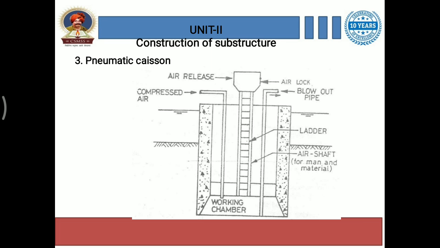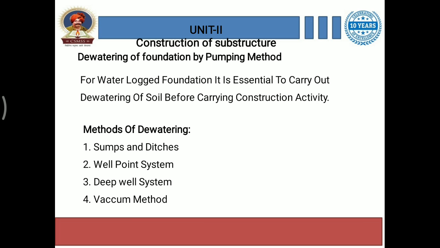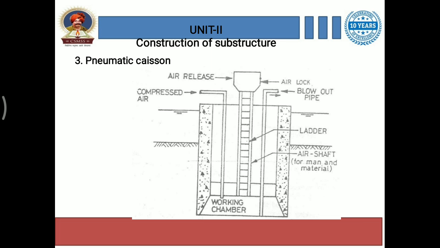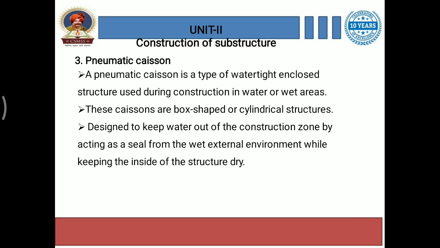Okay, the blowout pipe is provided to lift out or wash out the water which is coming into the working chamber. So this is a simple pneumatic caisson, and here we complete the types of caissons. Three types we studied here, that is box caisson, open caisson, and pneumatic caisson.